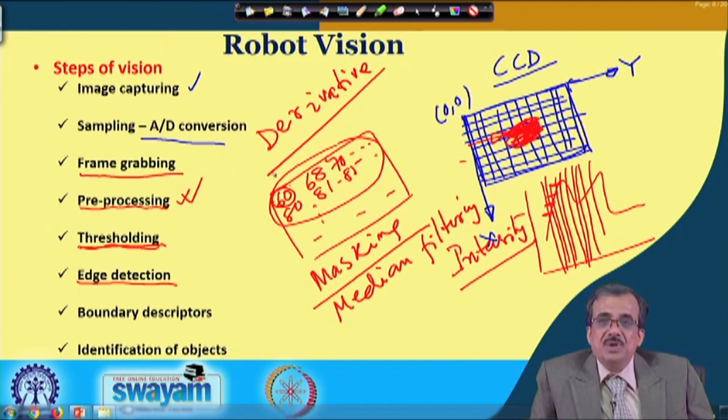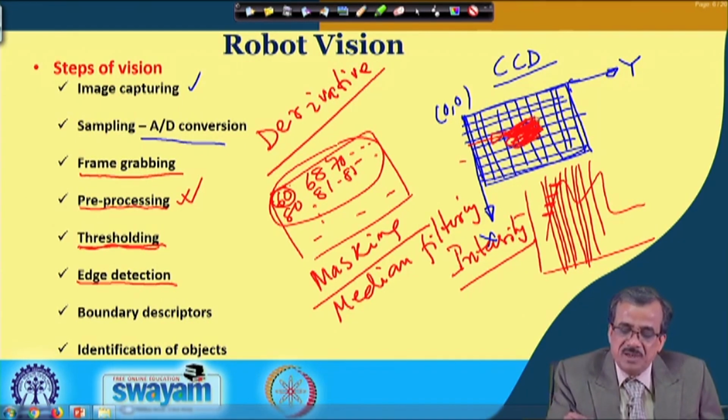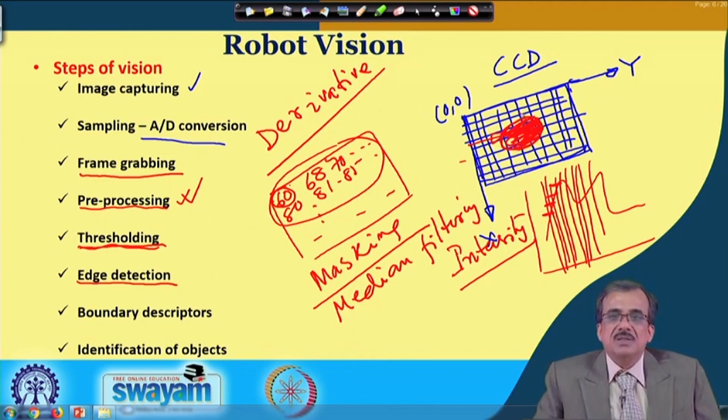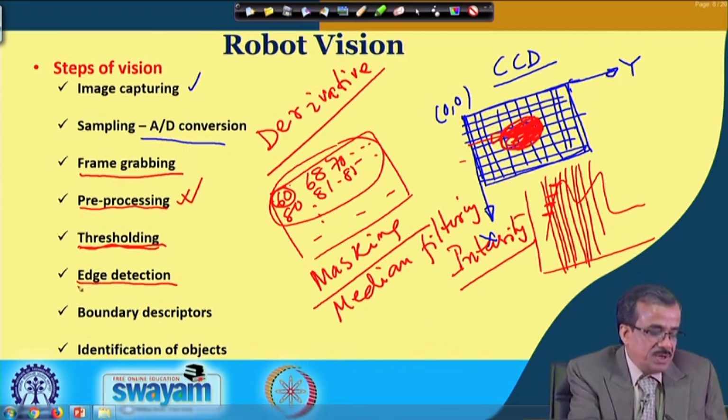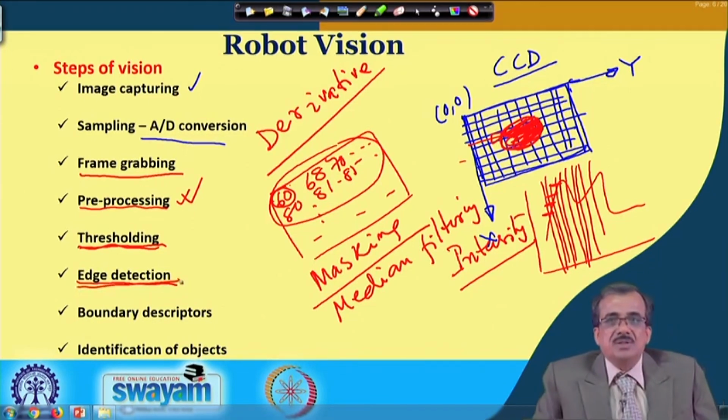The same thing we use here to detect the edge of this particular object, and to find the edge between the object and the background. And once again, there could be a lot of applications using fuzzy logic and neural networks to handle the edge detection problem.